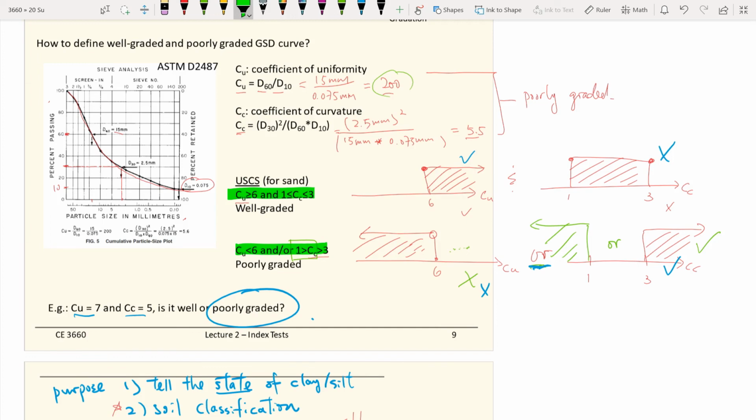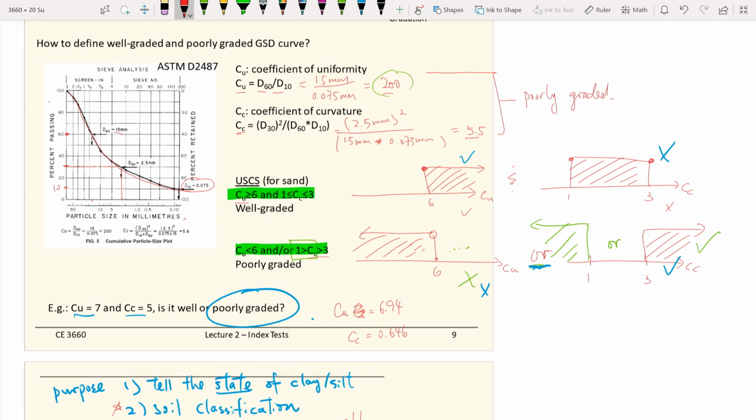Now for this example, we have C sub U equal to 6.94, and our C sub C is equal to 0.646. So C sub U is greater than 6, yes.